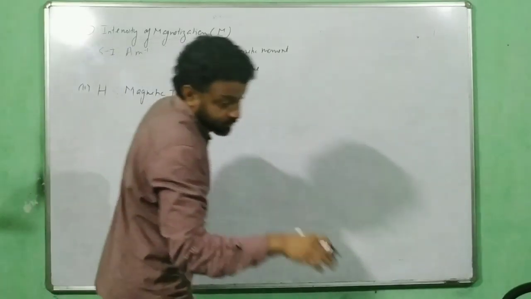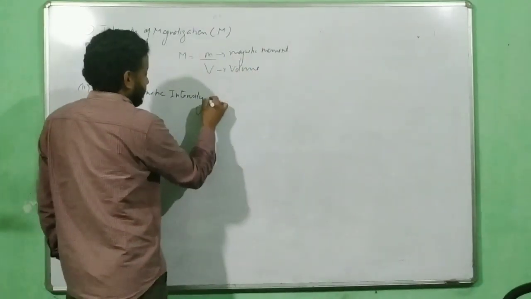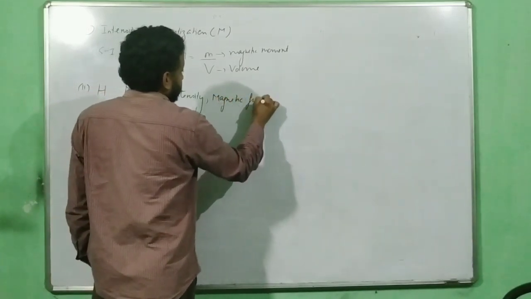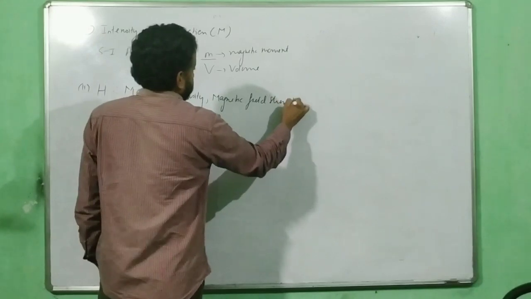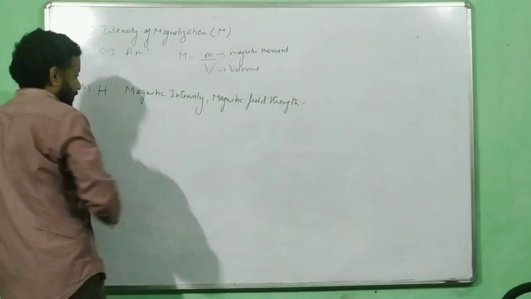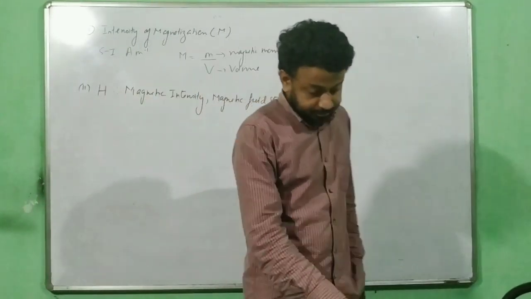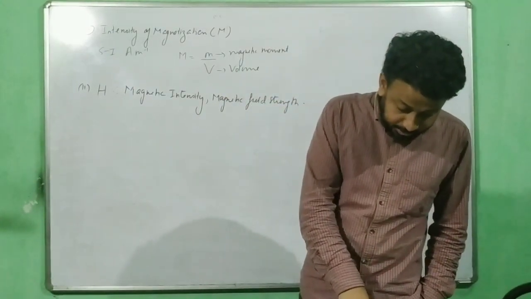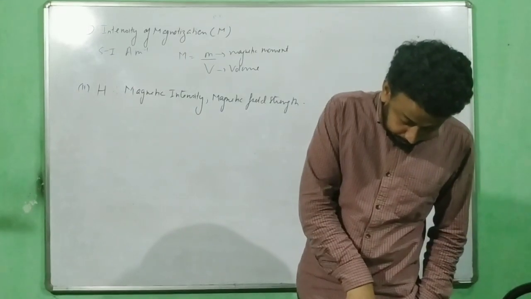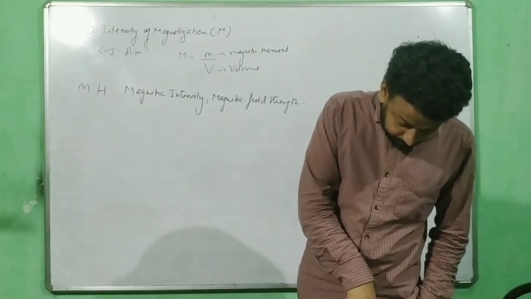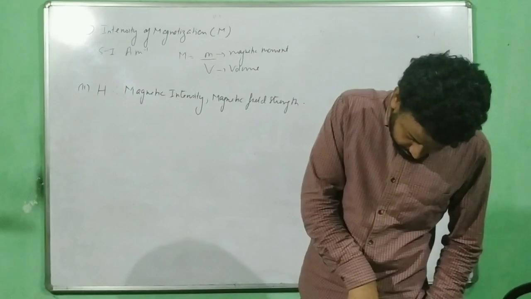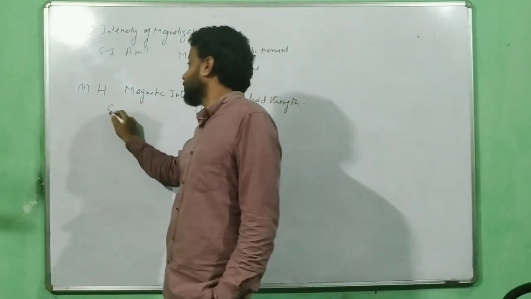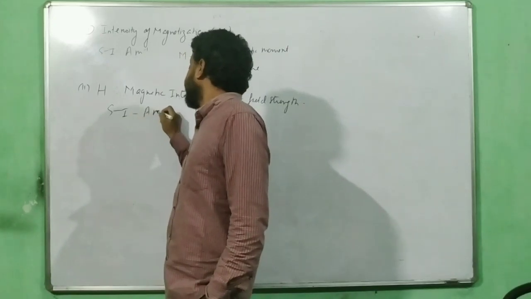It is defined as H. It has one more name, magnetic field strength. This is called H. What does it define? First I will deal with the SI unit. The SI unit is the same as that of M. So the SI unit is ampere meter inverse.